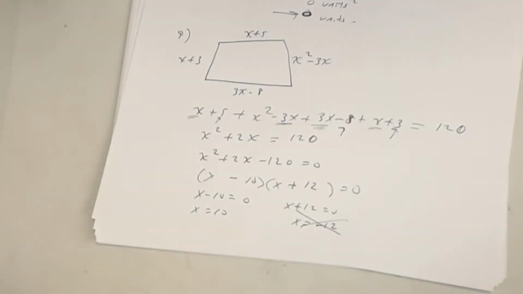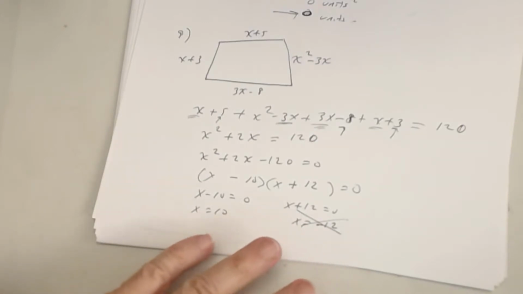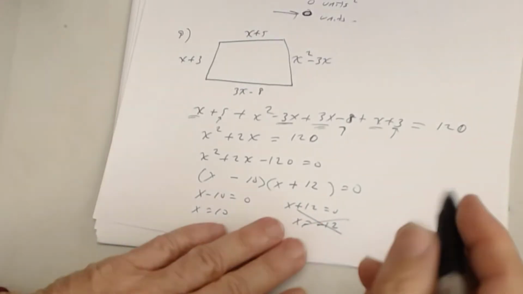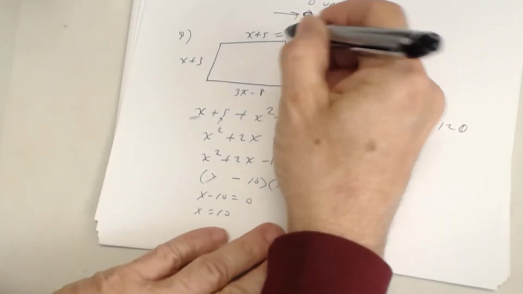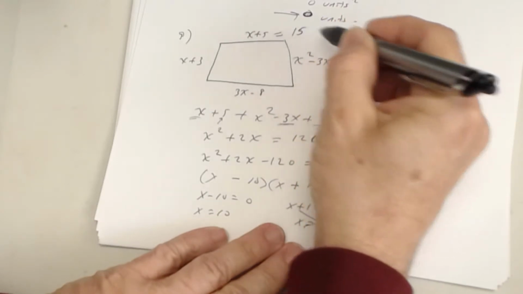Okay? Now, let's answer the question. Find the lengths of the sides, right? Since I can't use negative 12, I'm going to use 10. Then you go to each side and substitute 10. What's 10 plus 5? 15.